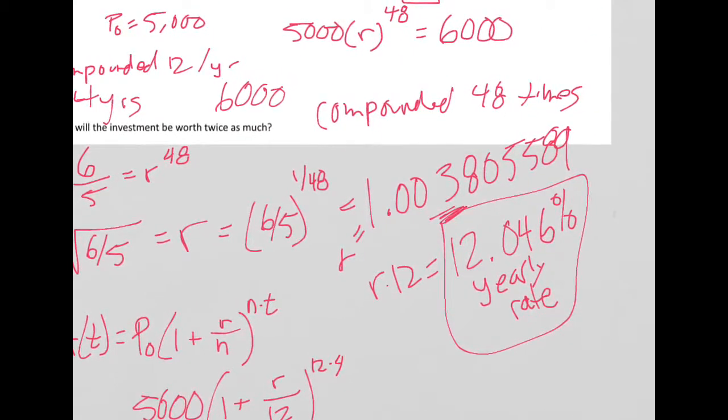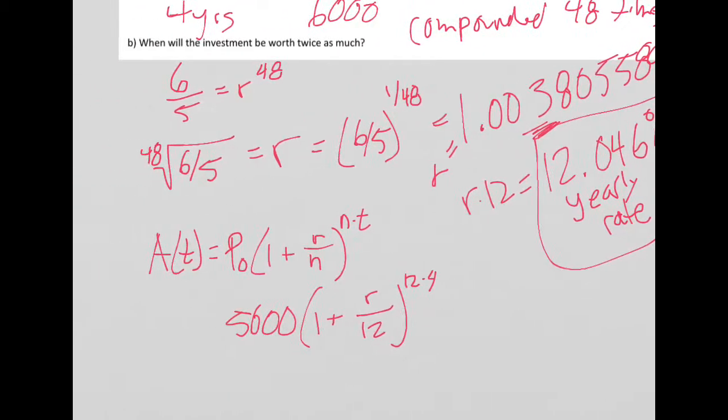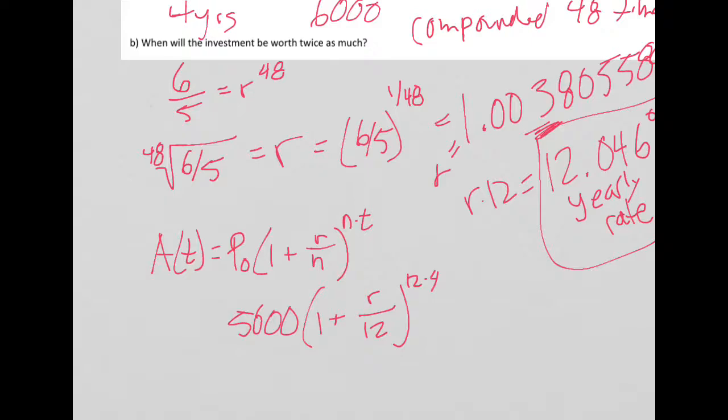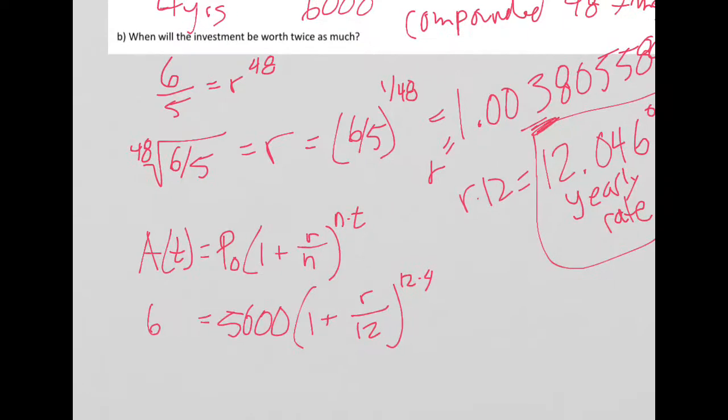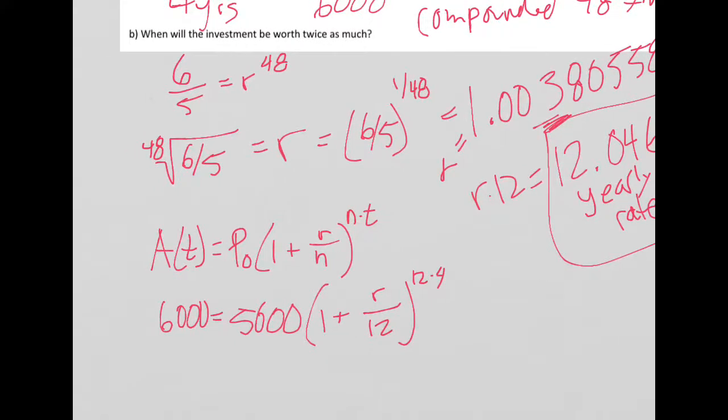Now, they don't quite look the same at this point because then we simplified it a little bit. So we said that was equal to 6,000, just like that. And then what did we do? We divided by 5,000. So we got 6 over 5. Notice the same 6 over 5. Now at this point, that's equal to 1 plus r over 12 to the power of 48. And then what did we do?